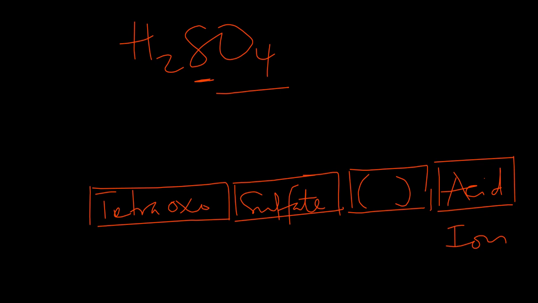So here we have to calculate the oxidation state of our sulfur in this compound. Let's see if we can quickly do that so we can complete the naming of this compound. So we have H2SO4. The charge on this compound is 0.